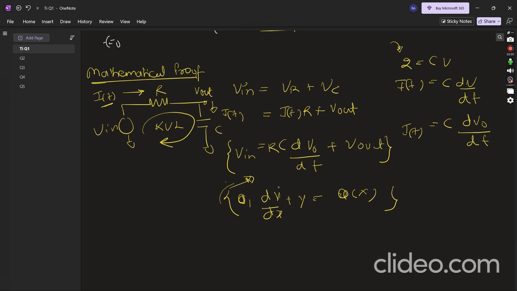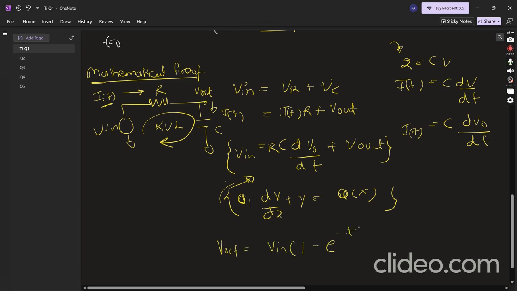This is a linear differential equation. If we solve this equation, we get the result V out equals V in times 1 minus e to the power minus t by RC.